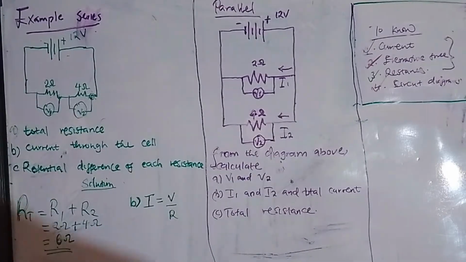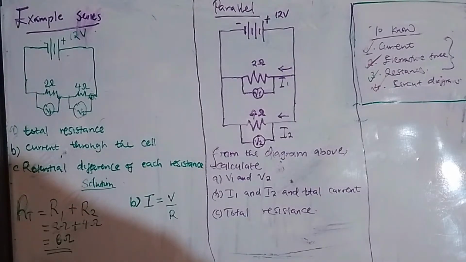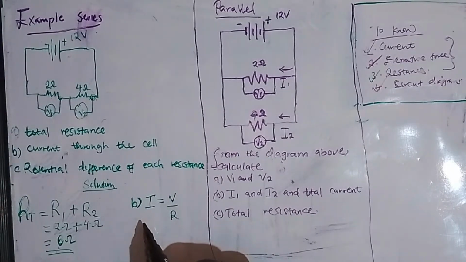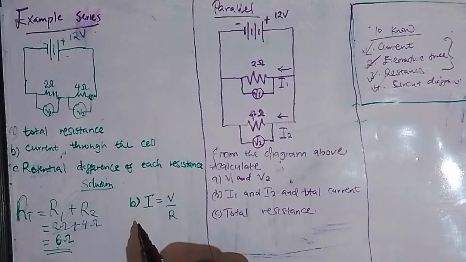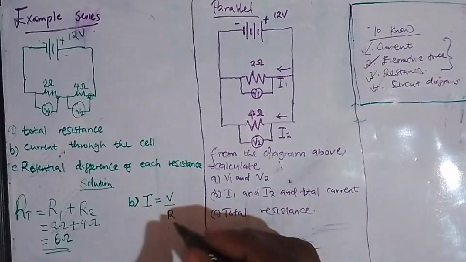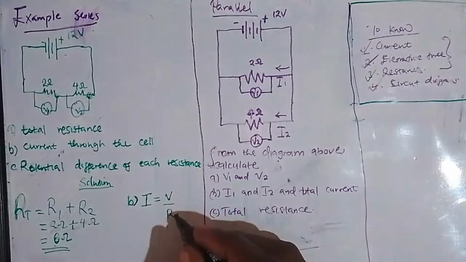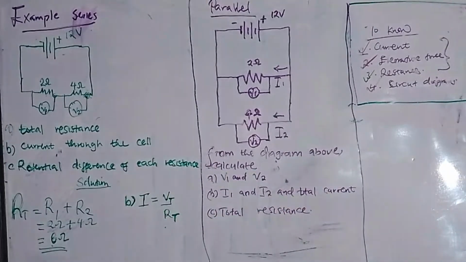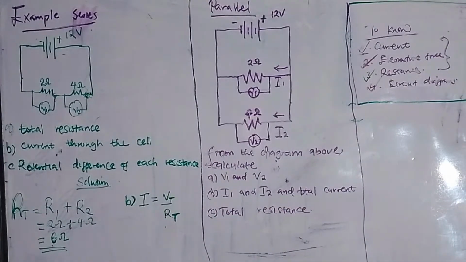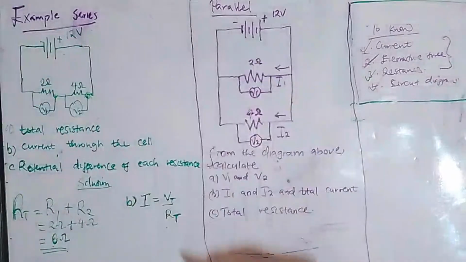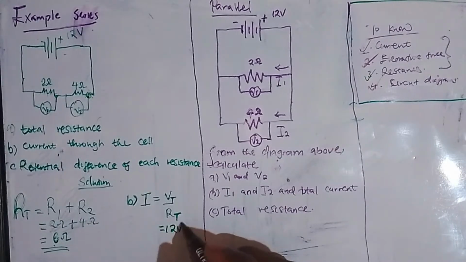So the formula we use to calculate the total current through the cell is current equals voltage divided by the total resistance, and this is the total voltage, which is the voltage of the battery. The voltage of the battery is 12 volts.